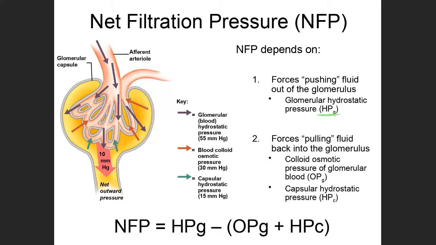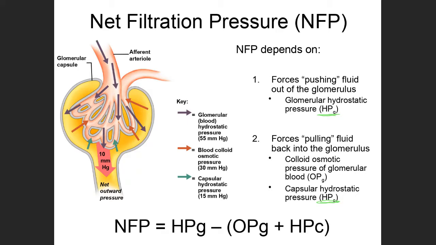So the first of these is the capsular hydrostatic pressure, or what's also known as the HPC. We've talked about this idea that blood is pushing substances out of itself into this capsule. And so we're getting a lot of fluids and small proteins and other things building up in this capsule.